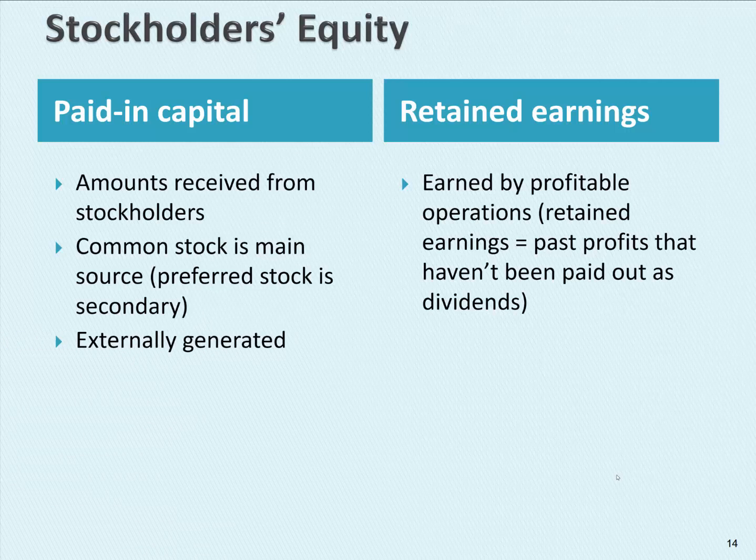Paid-in capital is externally generated. It comes from people outside of the company. Retained earnings are internally generated from the profits that the company makes.